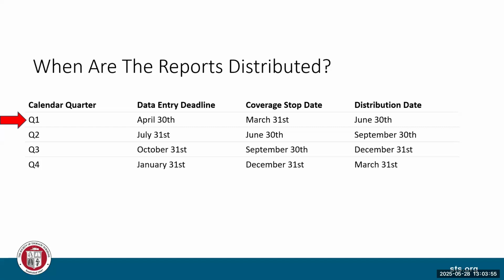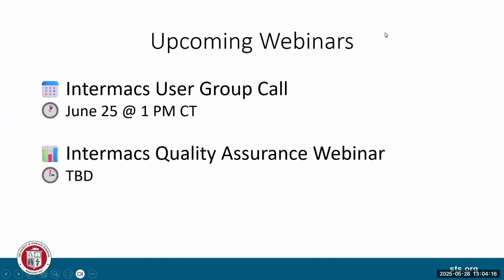I did want to mention June 30th, so the end of next month, the Q1 2025 reports will be coming out, and that had a data entry deadline of April 30th, so stay tuned for those. Our next webinar, so we'll have another user group webinar on June 25th at 1 p.m. Central, 2 p.m. Eastern.